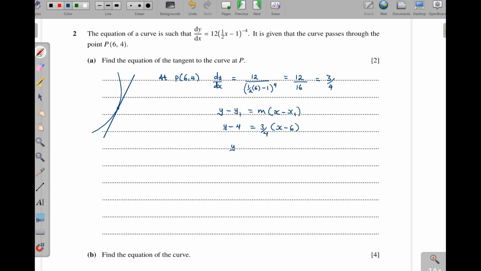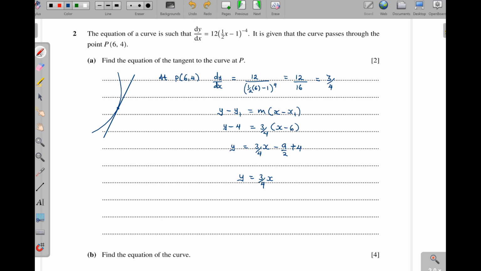So y is equal to 3 over 4, then x minus, when I multiply this by this, I will have by 2, 2, by 2 here, 3, then 3 times 3, that will be 9, over 2. So I'll have 9 over 2 here. But then when this one crosses, it will be a plus 4. So the equation of the tangent is y equal to 3 over 4 of x, then 2 times 4, you get 8.